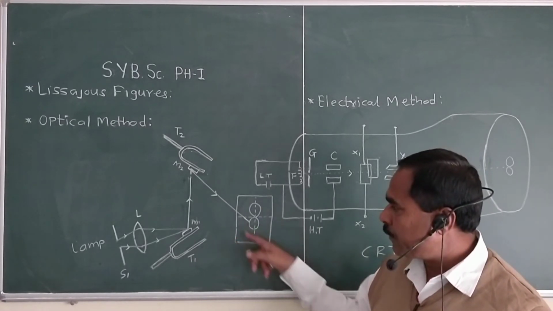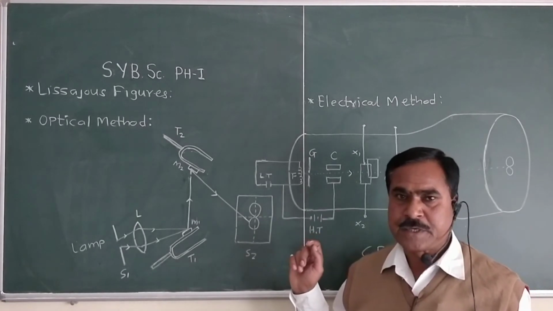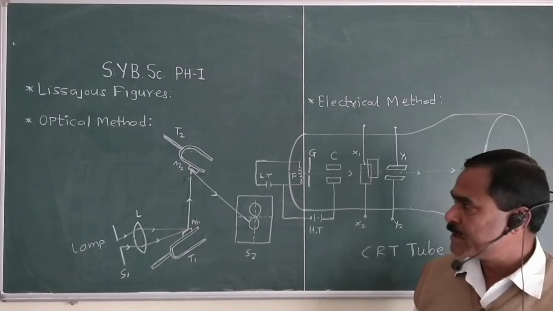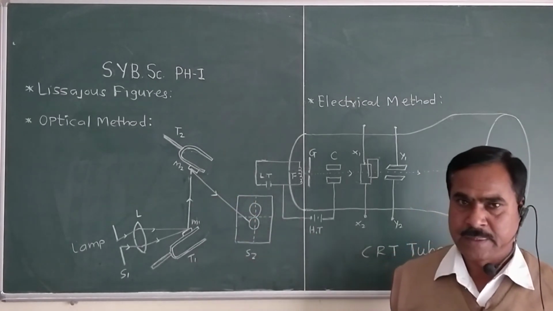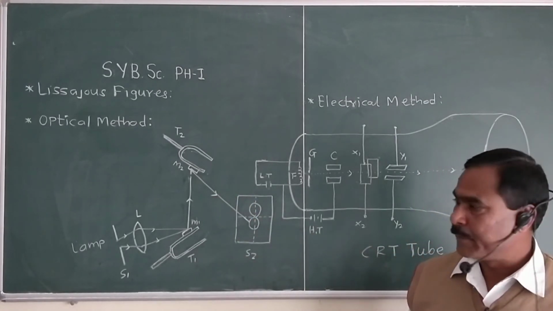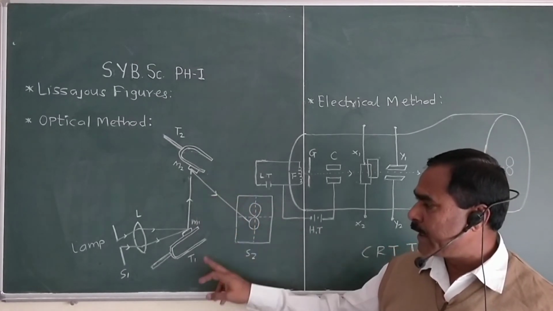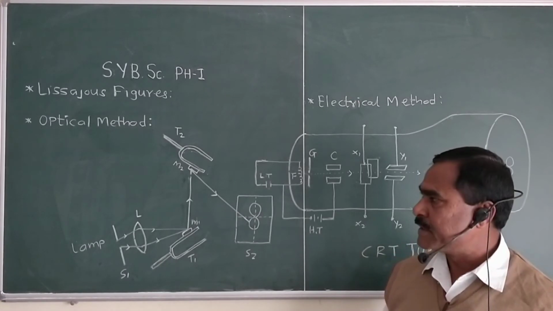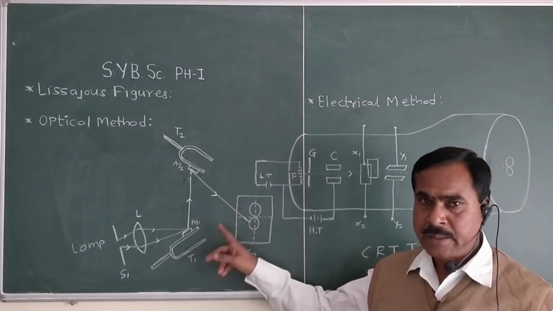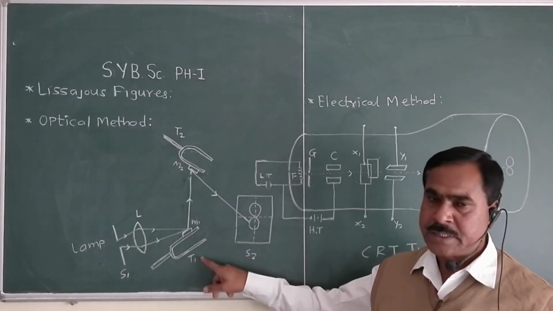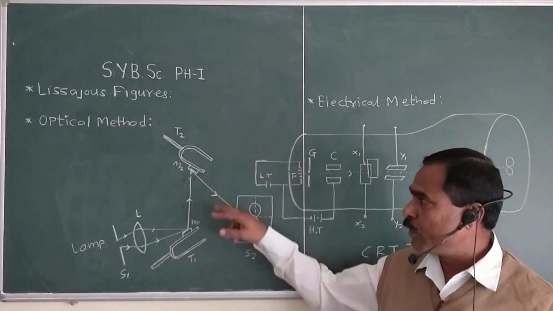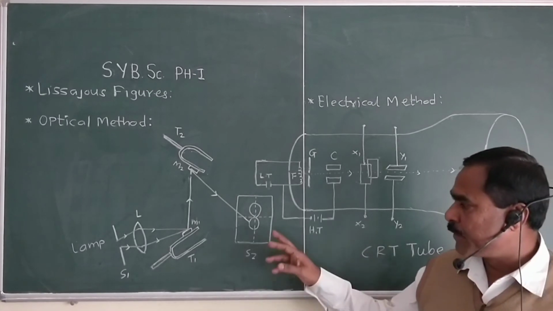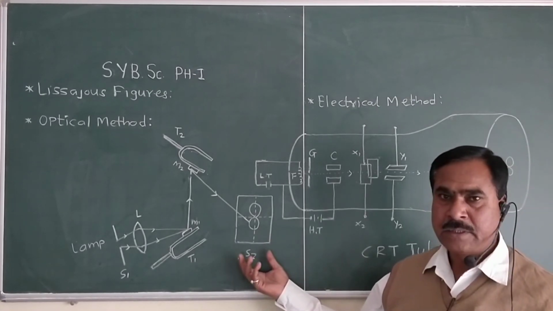Whatever figure we obtain depends upon the frequencies, amplitudes and phases of these two tuning forks. Since T2 and T1 are perpendicular to each other, their phase difference is 90 degrees. The frequency of oscillation and amplitude of both tuning forks are different, so we obtain different figures on the screen.